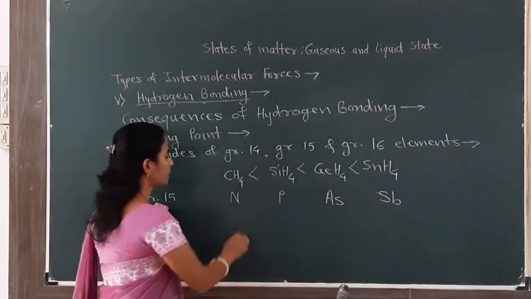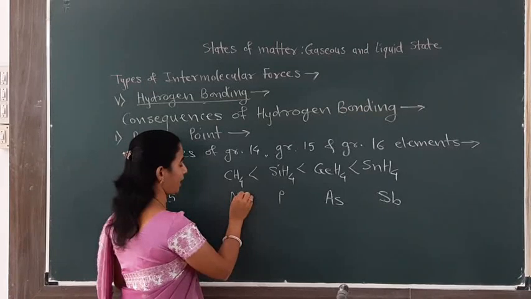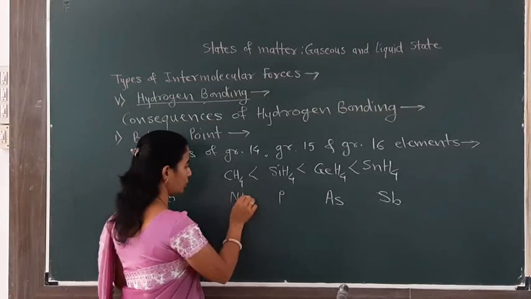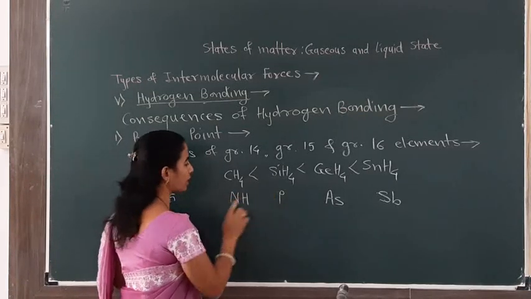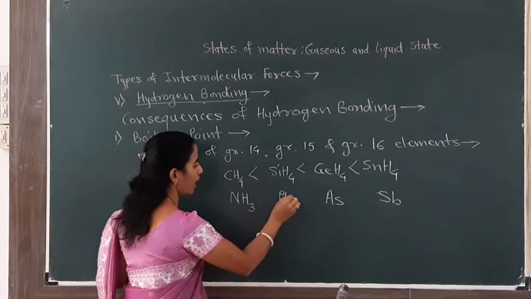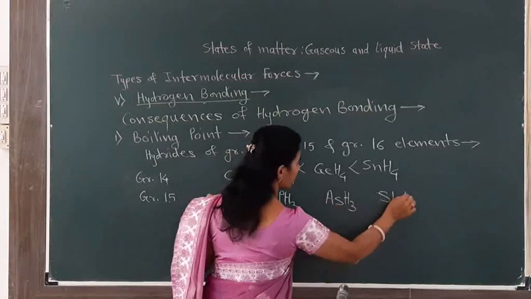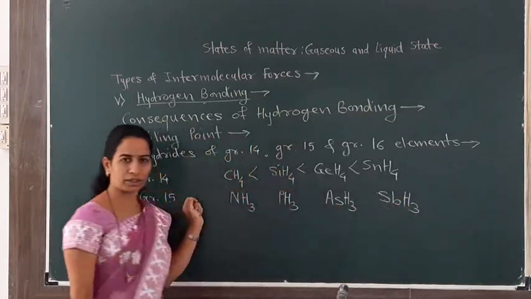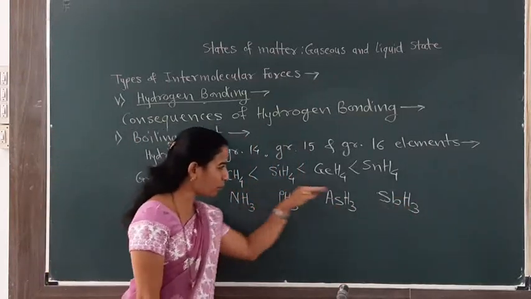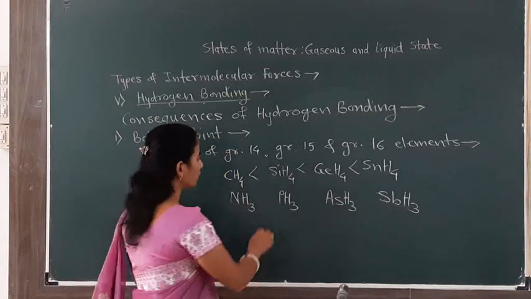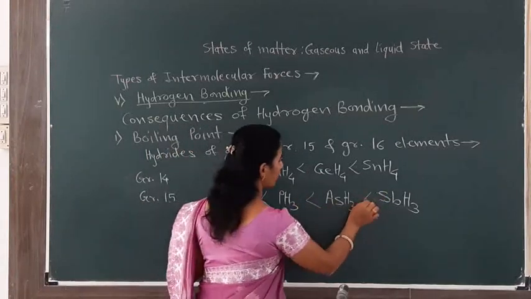Now these elements are forming their hydrides with hydrogen atom. Here valency of these elements is 3, so their hydrides are shown like this: NH3, PH3, AsH3, SbH3. Again, since their molecular mass is increasing, the boiling point order should be like this.